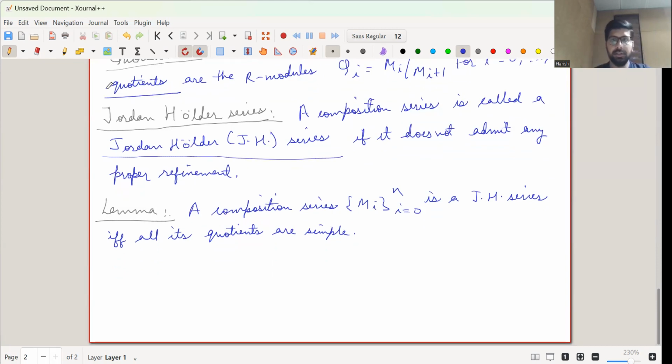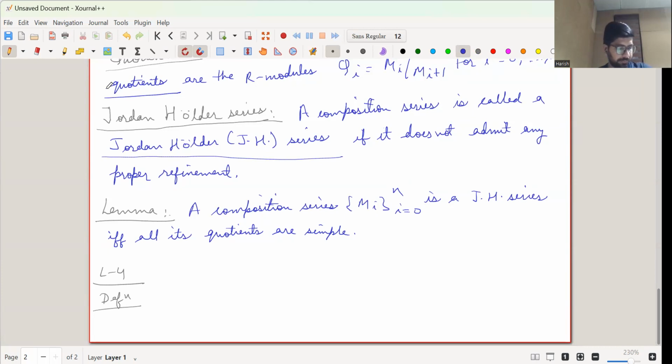Then there was an important theorem in lecture 4, that is Schreier's theorem. We will see that after seeing the definition of what is meant by equivalent composition series.